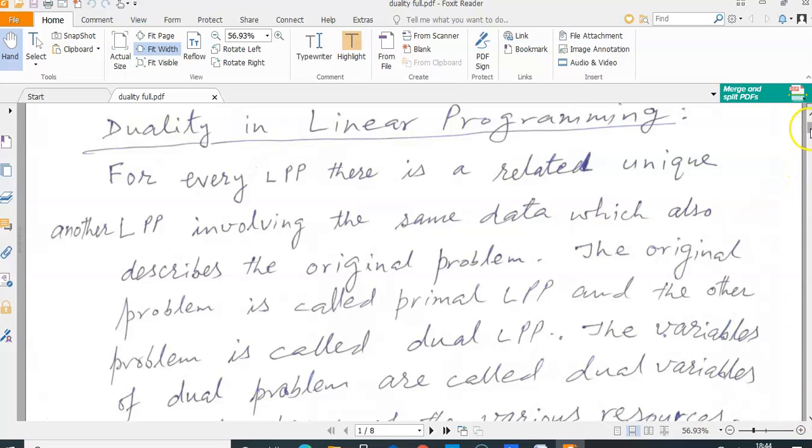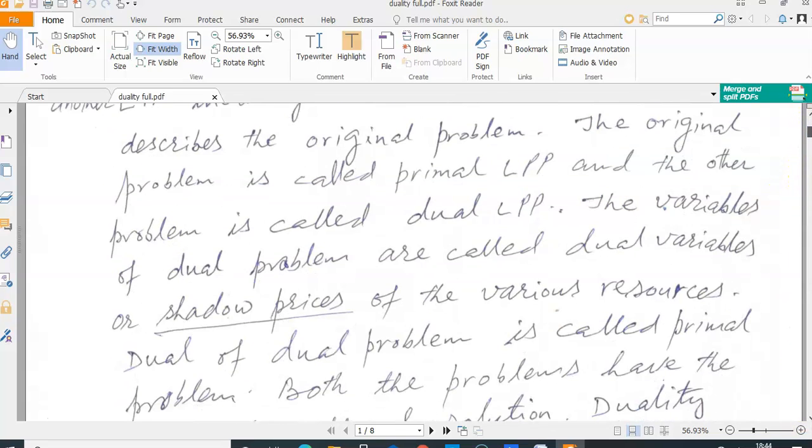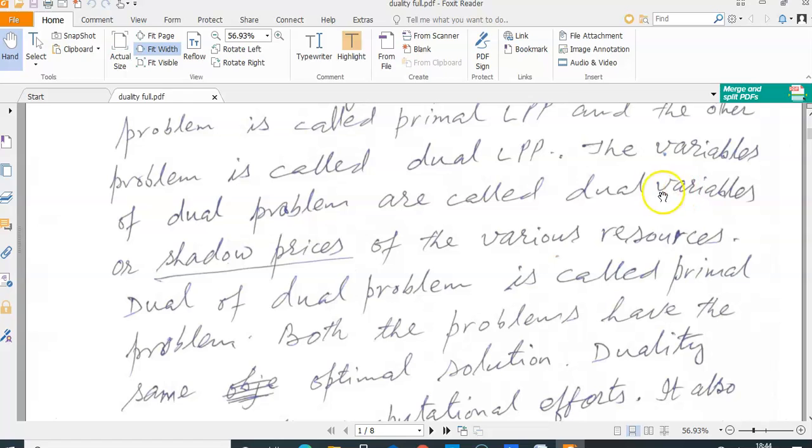So now you have primal LPP and dual LPP. The variables of the dual problem are called dual variables, also known as shadow prices of various resources. The dual of the dual problem is the primal.